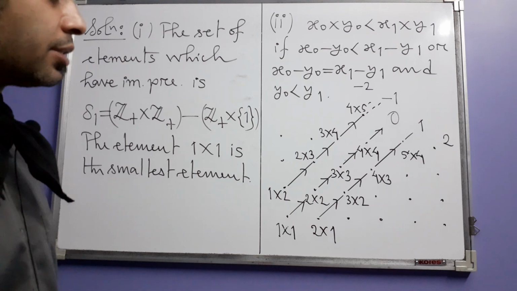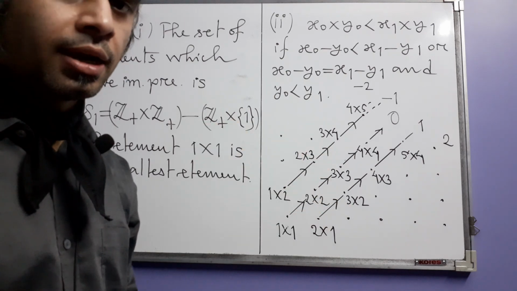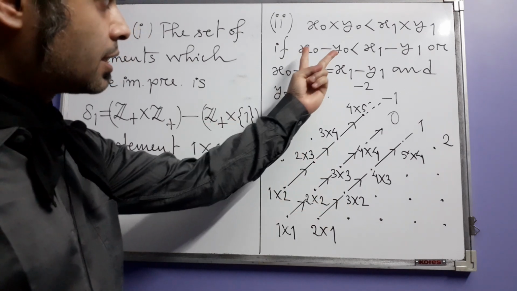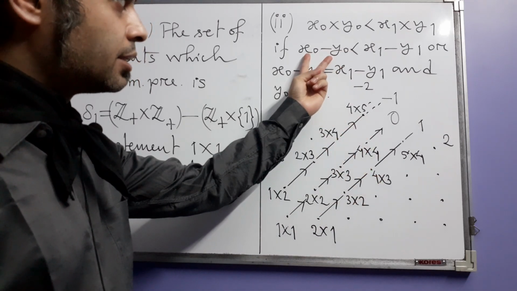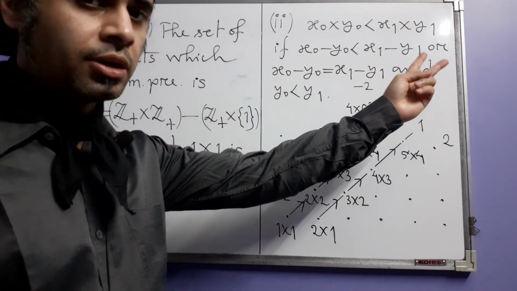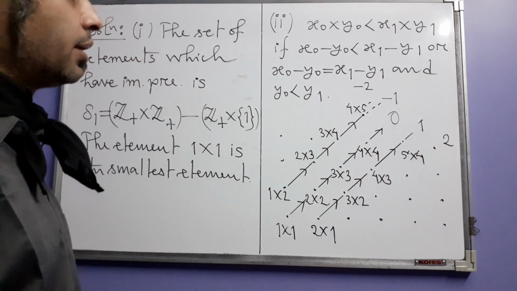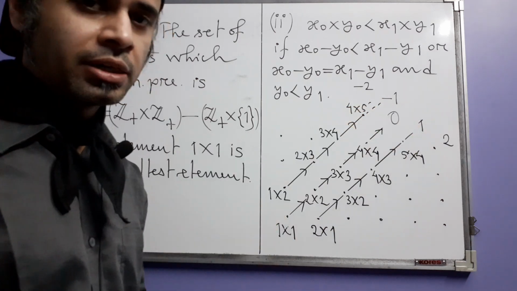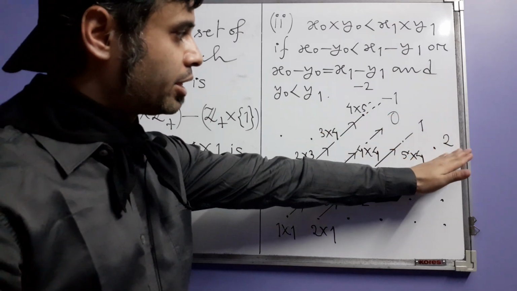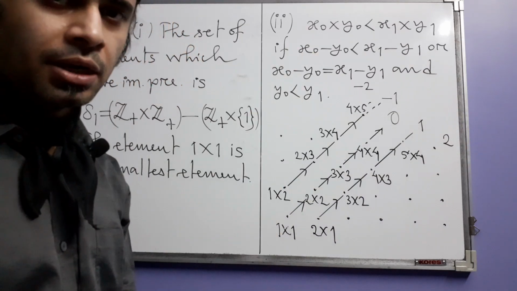But what about points that lie on different such lines? That will be decided by which point has this quantity less and which point has that quantity greater. That can be seen by looking at these numbers. The higher this number is, the greater that point will be.